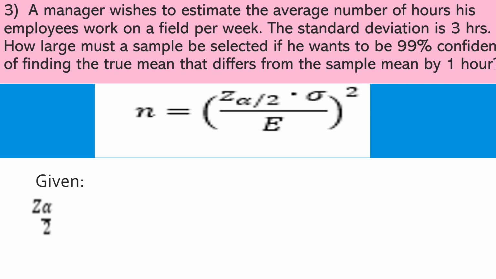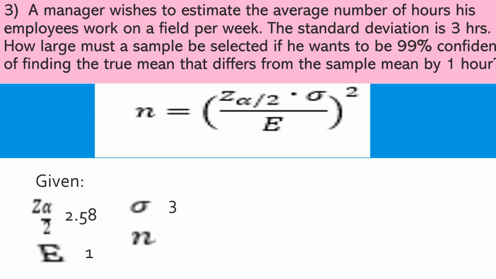Since the confidence level is 99%, therefore the corresponding value is 2.58. And then our sigma, the standard deviation, is equal to 3 hours. And then what else? The error, which is equal to 1. Okay, and the missing value is n.